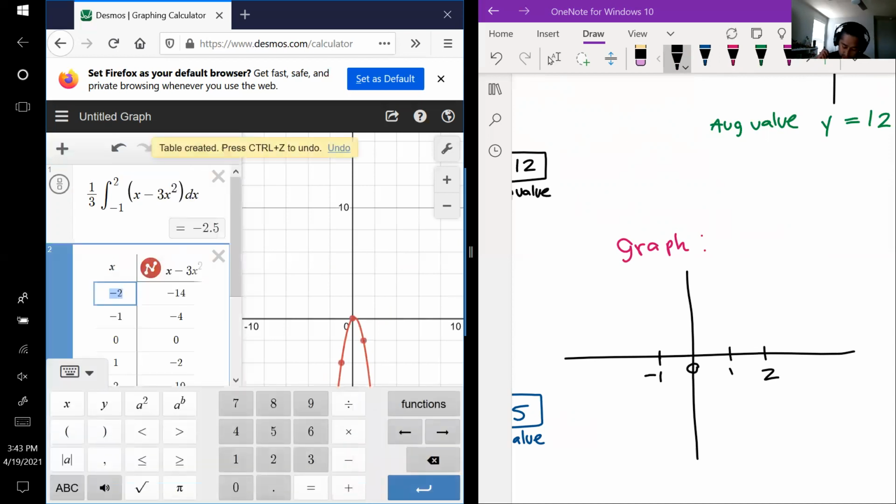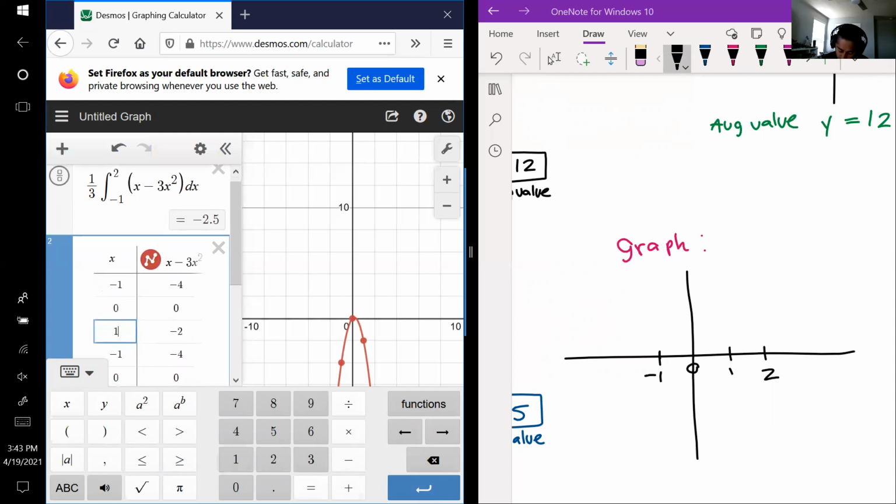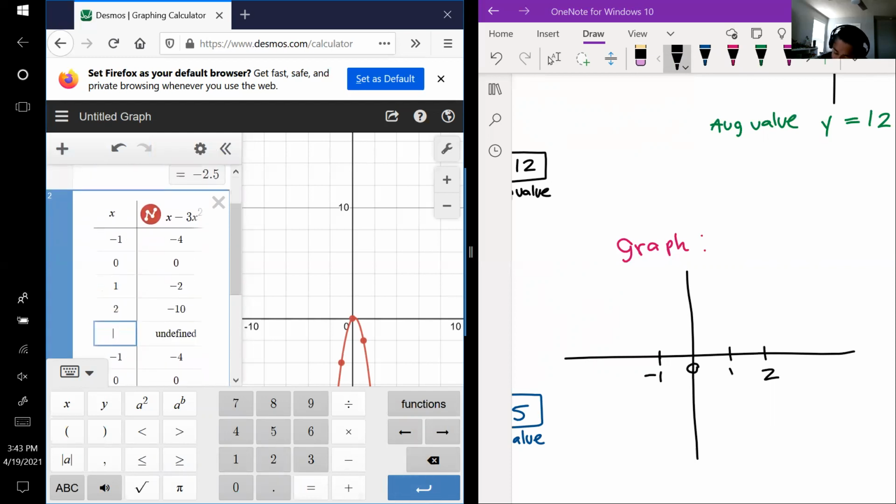Use my graphing table, and we're going to choose the values it's telling us, -1 to 2: -1, 0, 1, and 2. Okay. This means I'm at -4, 0, -2, and -10. So we'll just make this 2, 4, 6, 8, 10. There's -10, and there's -2. And when I graph this, I'll have -1, -4, 0, 0, 1, -2, and then 2, -10.